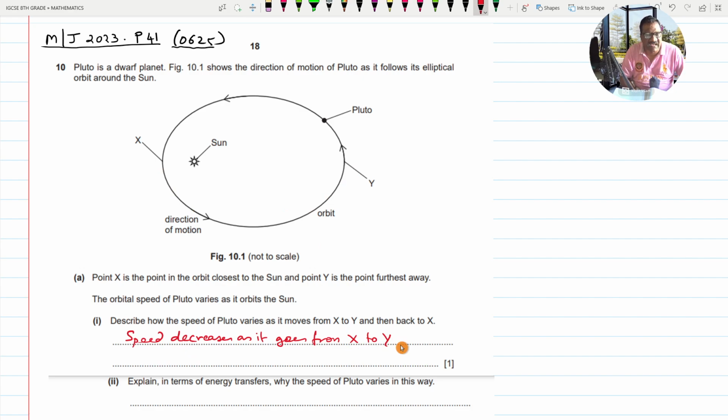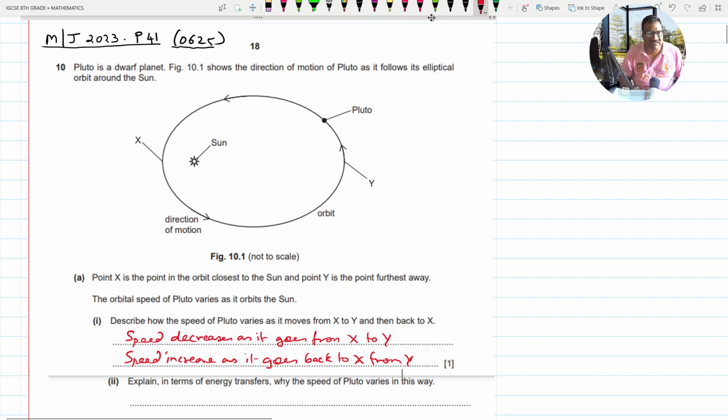And the opposite happens when Pluto is traveling from Y to X. The speed will be increasing. Speed increases as it goes back to X from Y. So this should be the answer for A(i).